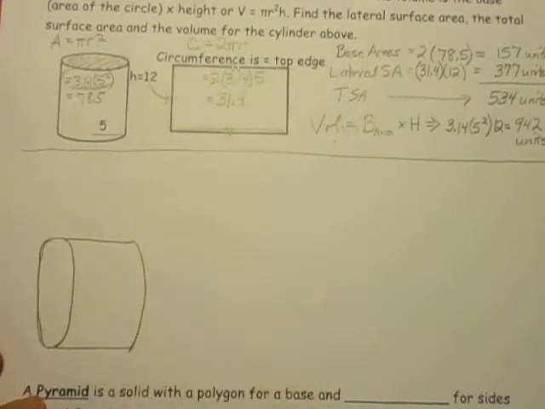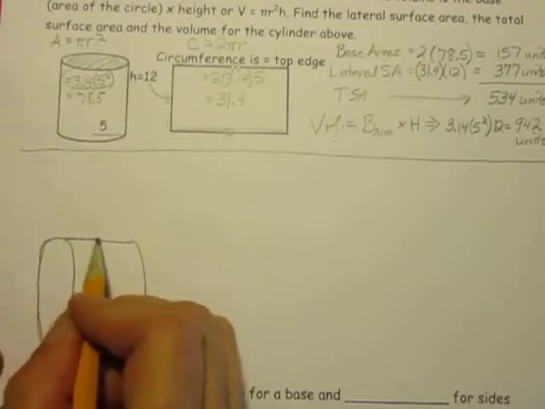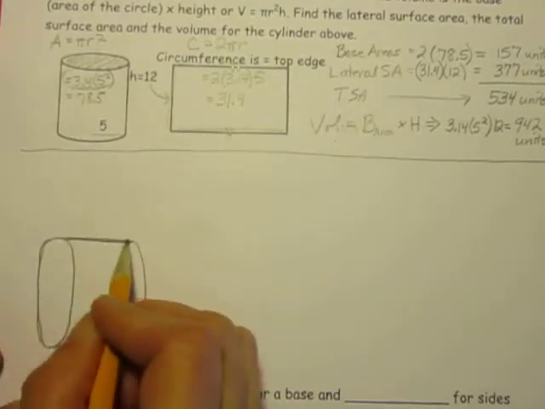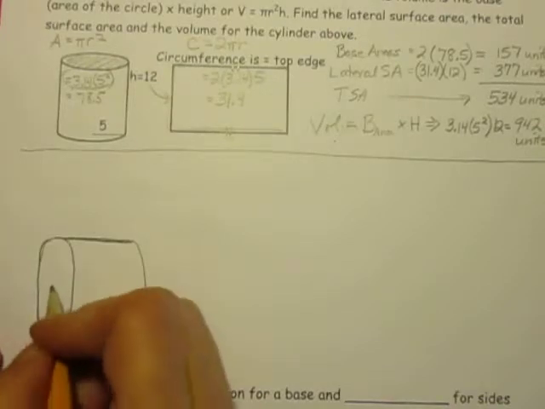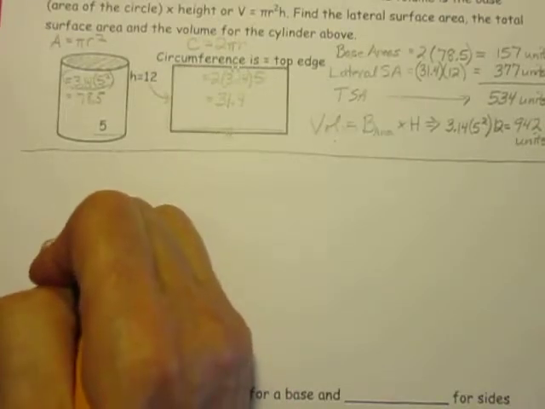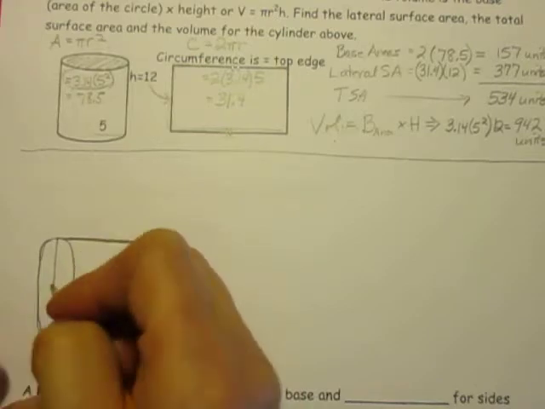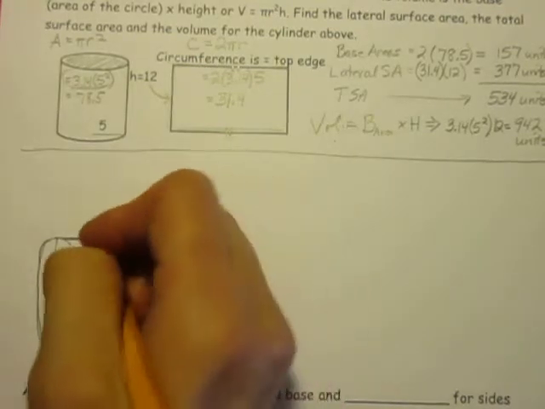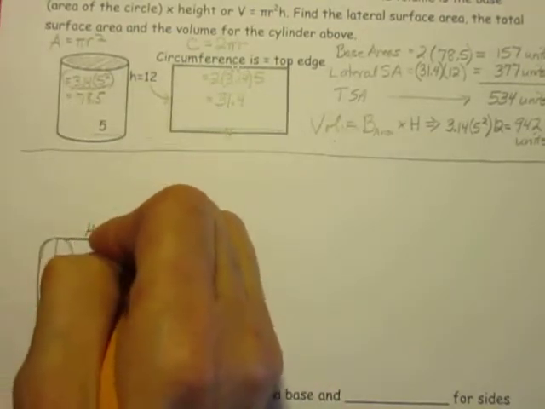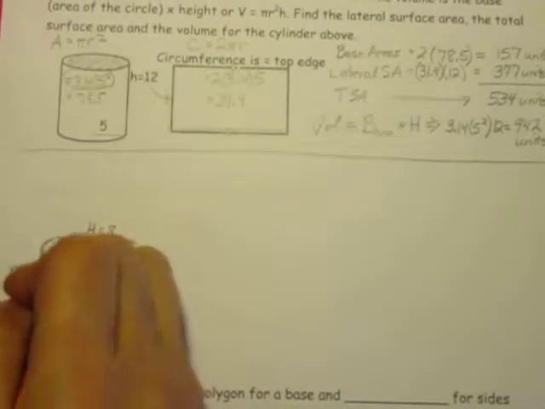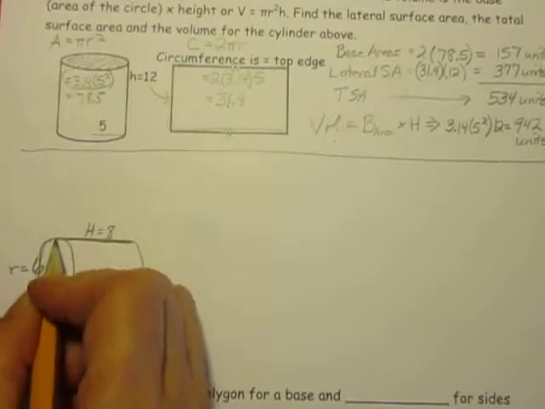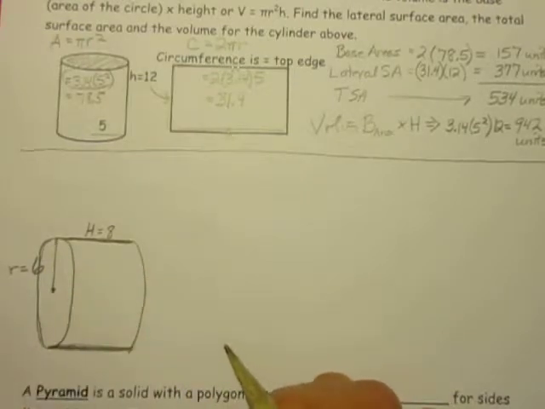The only reason I'm having you do the drawing as well is I want you to connect that our height actually connects our two bases in our three-dimensional figures. I think you just become more aware of that when you do the drawing yourself. So we're going to say our three-dimensional height is equal to 8. Our radius of this figure is going to be equal to 6, right here. And we've got all that we need to continue on here.